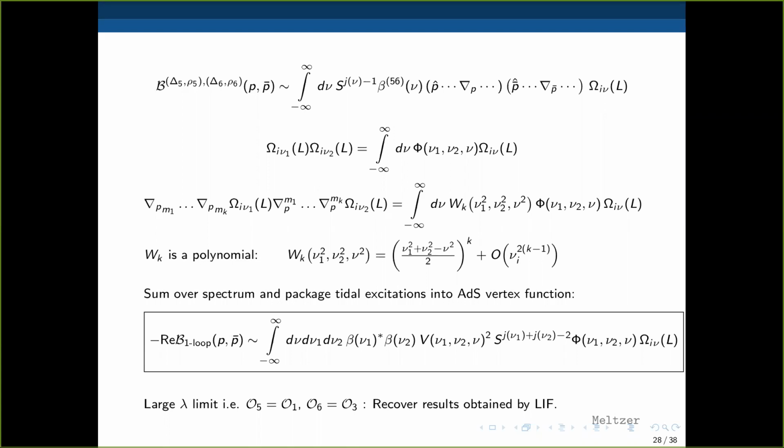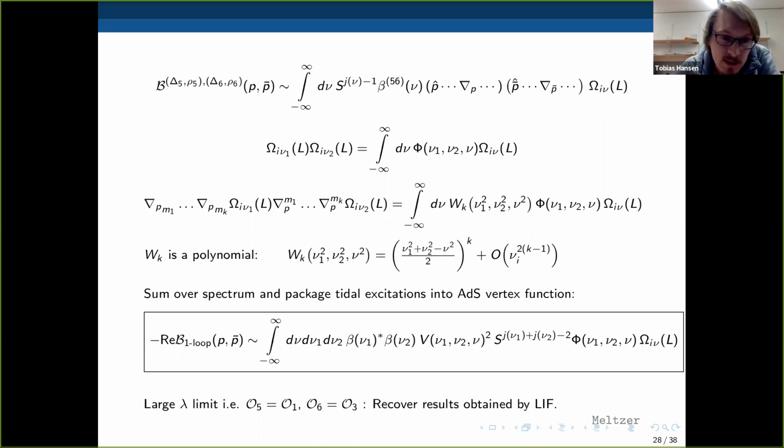You can choose some protected operators as the external ones. But then I think you'll have to solve mixing problems, because the operators that are exchanged, the O5 and O6, the double traces that are exchanged, will acquire anomalous dimensions, and this problem will have to be solved order by order in lambda, in the N=4 Yang-Mills coupling, to check if this optical theorem is true.